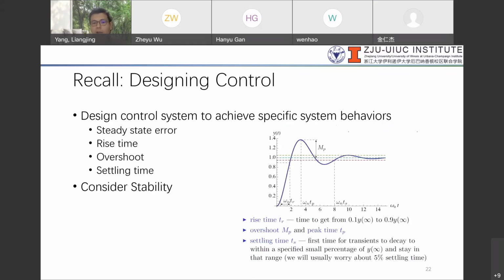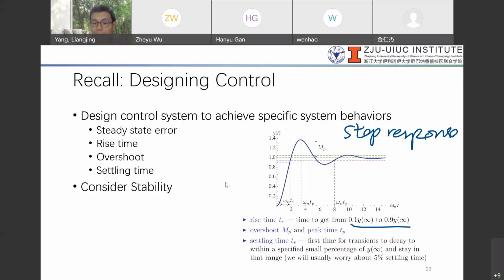So just a very quick visualization. Of course, it depends on what kind of response you are looking at. In this case, it's a step response. You have a step response of the system, and you want to see some of this performance, like your rise time, which is the time from 10% to 90% when you compare to the steady state.